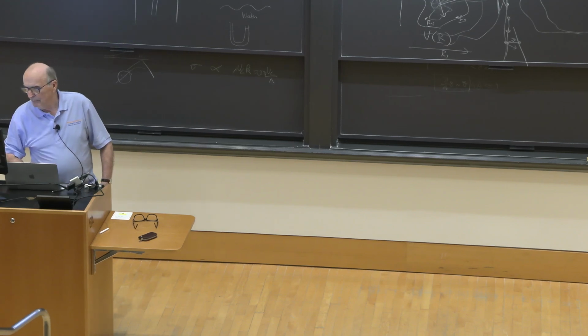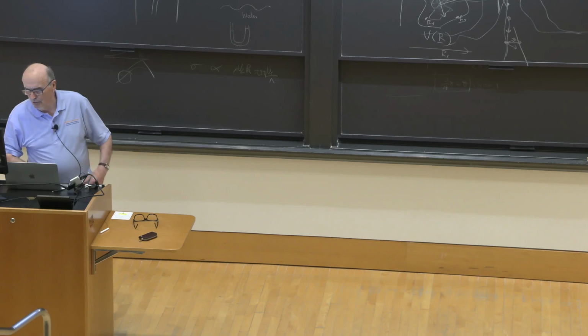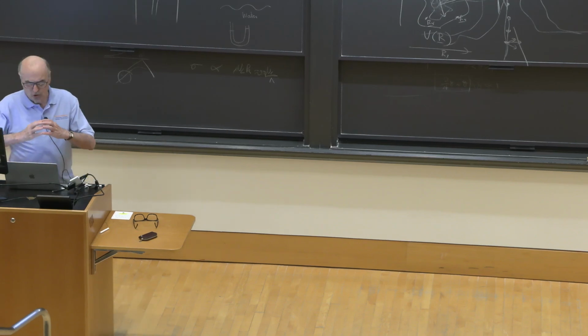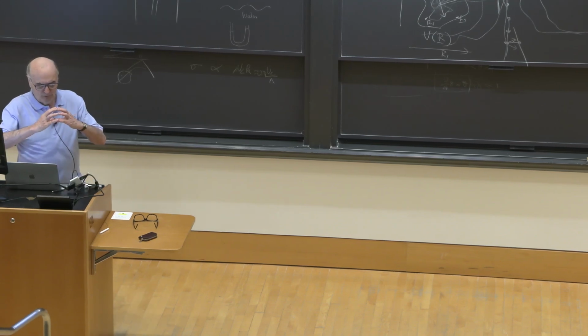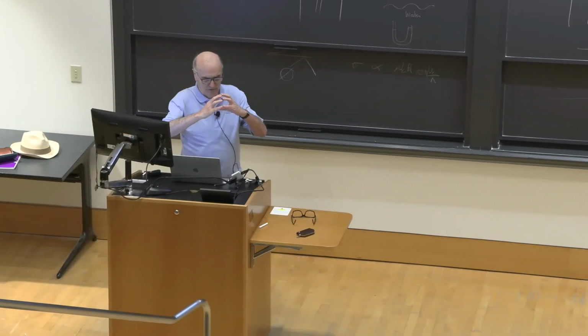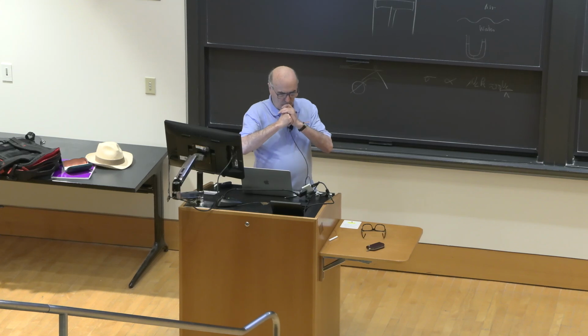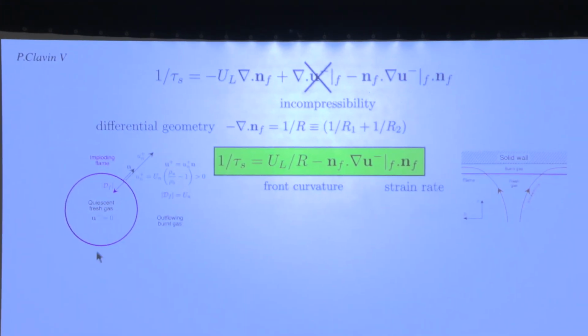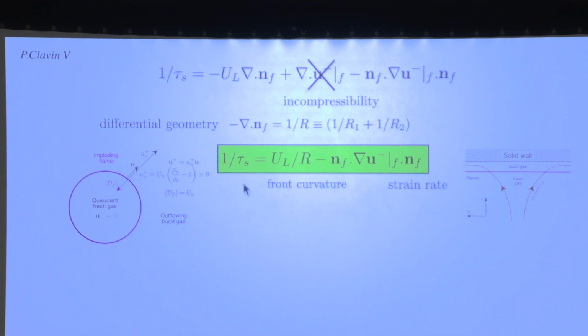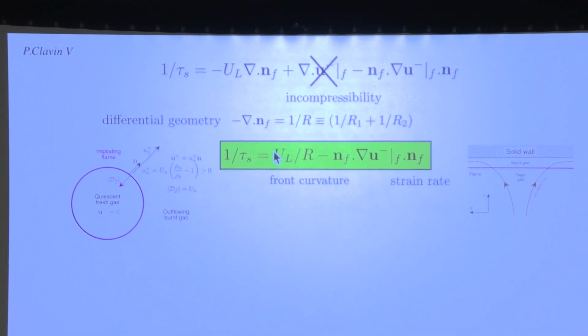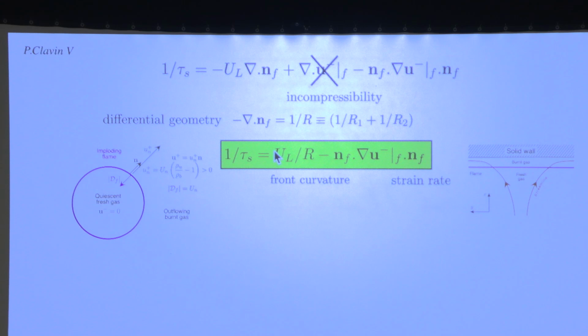And this is a curvature effect, which is, for example, a pure effect when you have a flame surface growing, the radius is growing like that with burnt gas at rest. In that case, this term is 0, and you are left with the radius. So these two terms can be measured in experiments. This is what is important.